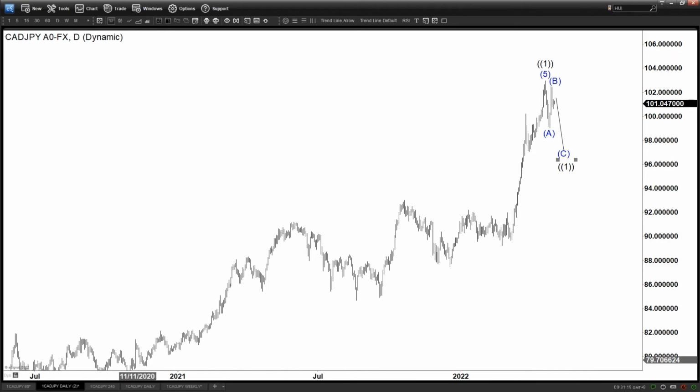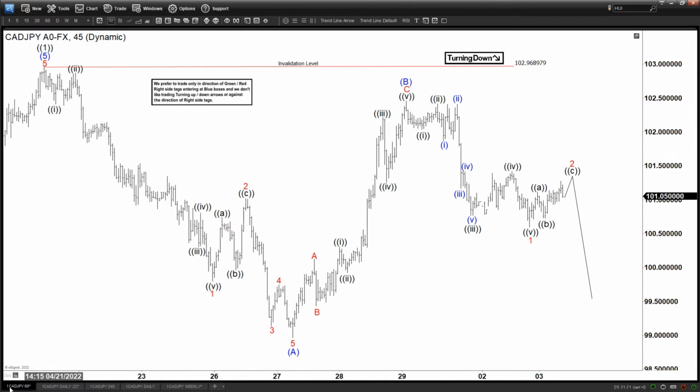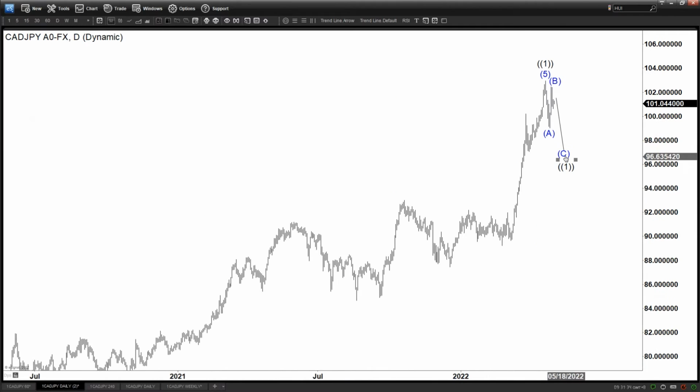Now, if you look at the 1 hour and you don't understand the larger degree, you only see, okay, looking down, it's bearish, right? But actually, if you understand the concept of multi time frame analysis, then you know that if you upgrade and see the way the count is being presented, this is obviously bullish, right?